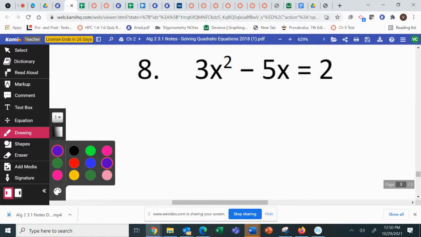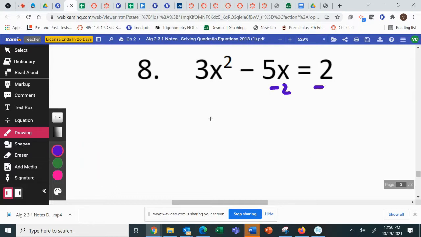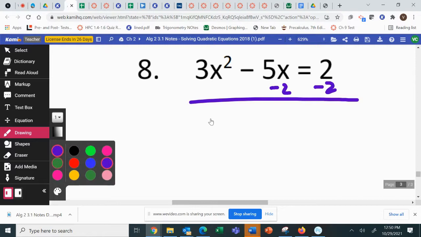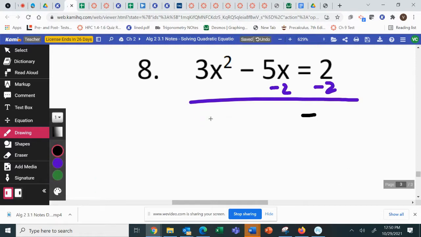What operation is that? Subtraction. So what do I need to do? Subtract 2 from both sides. Subtraction is what will give you equals 0. Dividing gives you a 1.